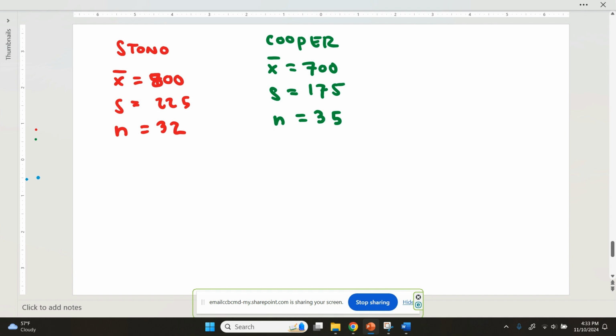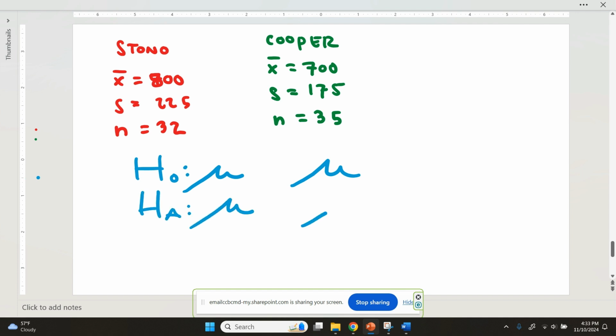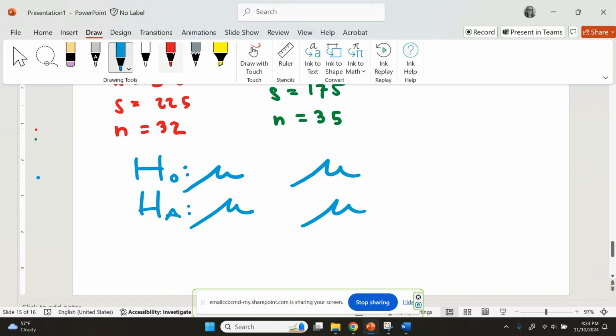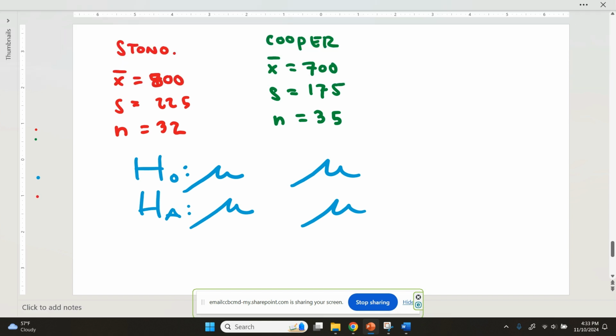So this is two means. I'm going to put two means in each of my hypothesis statements here. Now we just have to figure out which ones are which. I really do like using subscripts that make sense to me.